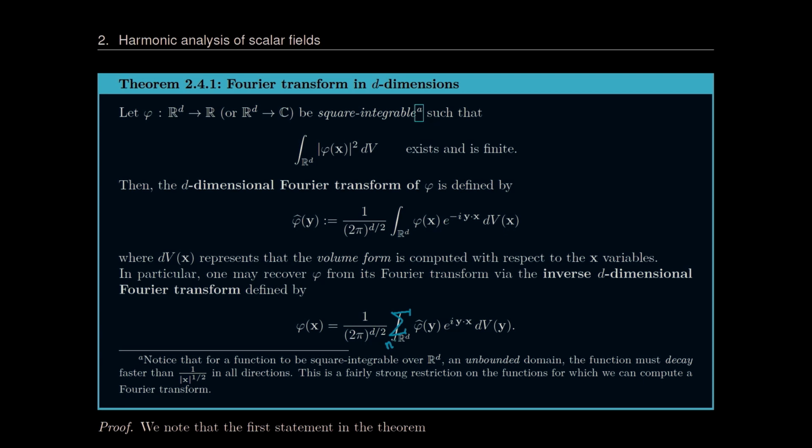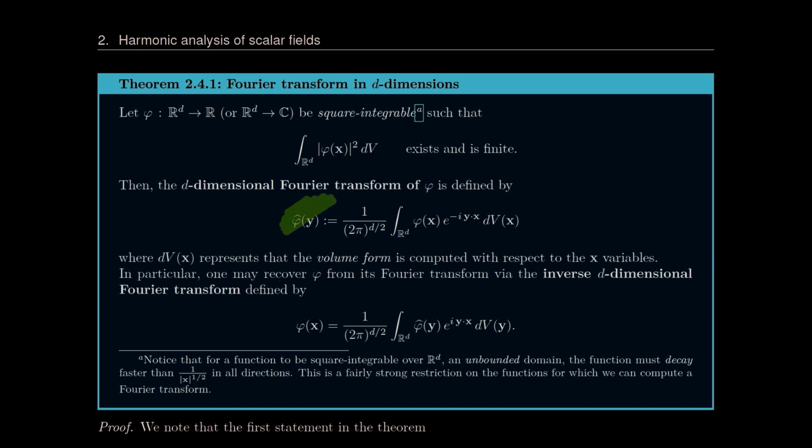In the past we had a sum, we said n was in Zd, and then we didn't have any sort of measure like that. In this situation, now we have an integral over all of Rd, and we have our volume measure. And so I've indicated putting a y here to say this is the volume form with respect to the variable y. We're not going to integrate over x, so this is really just dy1, dy2, ... dyd. So that's the volume form of the reconstruction.